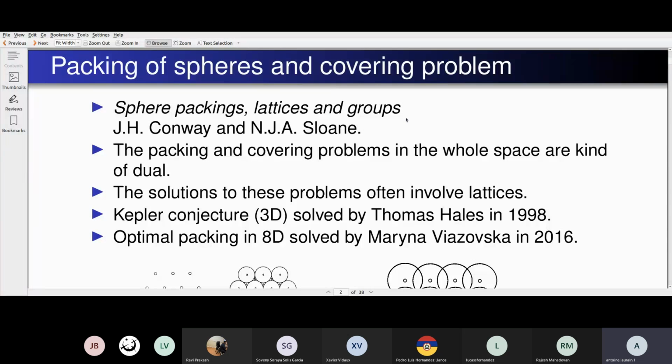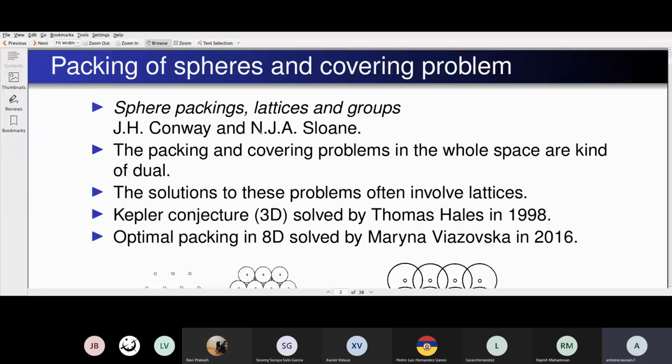He has a very complicated proof that they were not able to say if it was correct or not, but now it's more or less admitted that the proof is correct. There are also some nice results for packing in 8 dimensions from 2016. It was a breakthrough.